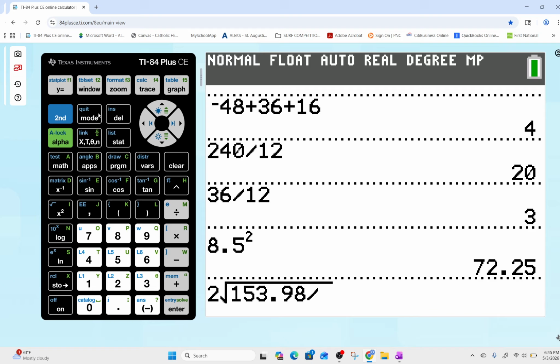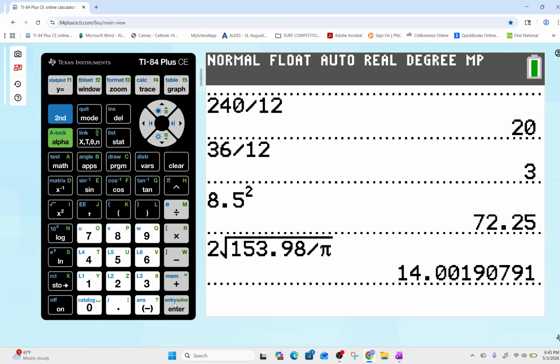Gosh, I gotta remember, where are you, pi? Right there, second, this guy. There's pi. And then I'm going to hit enter. About 14.001. Again, pi is right there on my calculator.